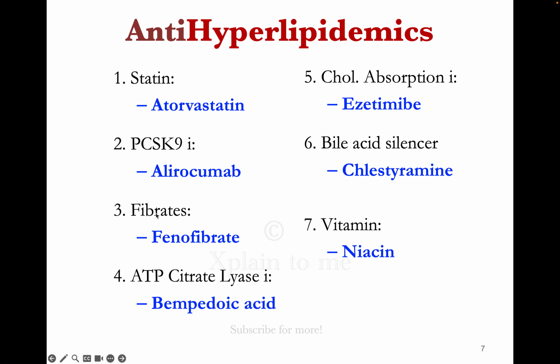So let's look at the mechanism of another point. I forgot to mention the PCSK9 indication. Alirocumab is indicated for cholesterol.